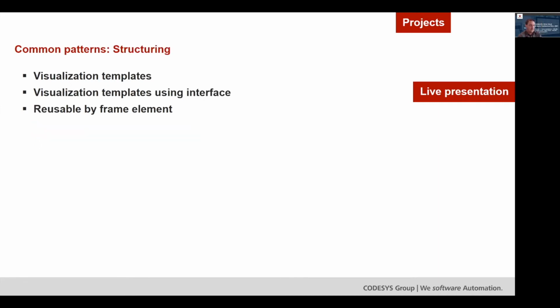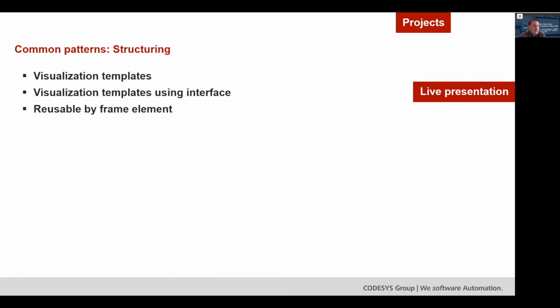In the next part of the demonstration, I want to have a look at some common patterns that occur in visualization projects. So the first pattern is structuring the visualization. As I quickly mentioned at the beginning, it's possible to use visualizations as templates, just to reuse them several times.